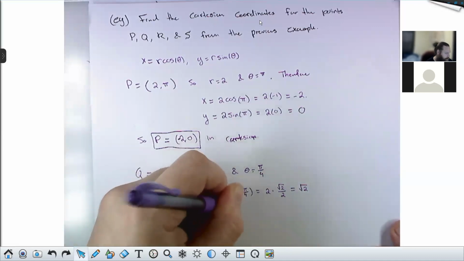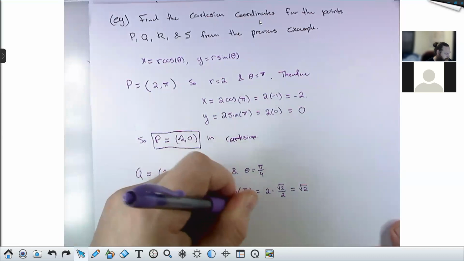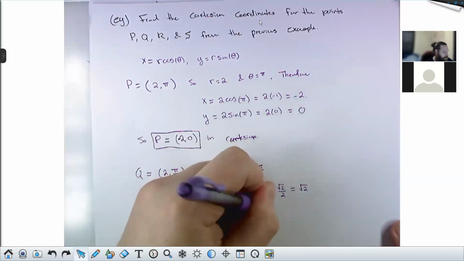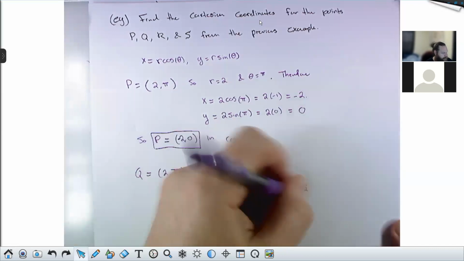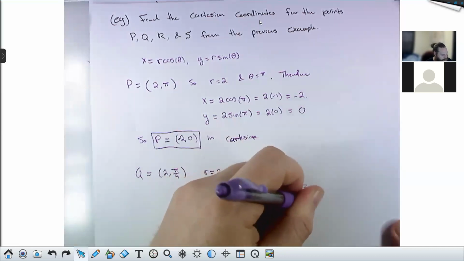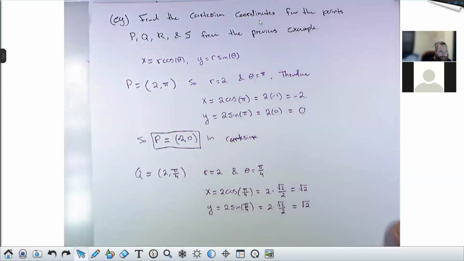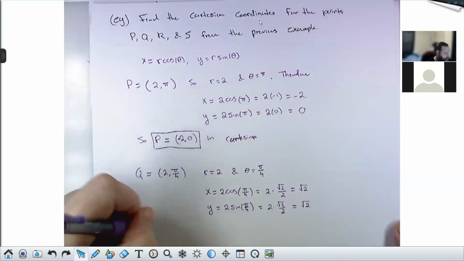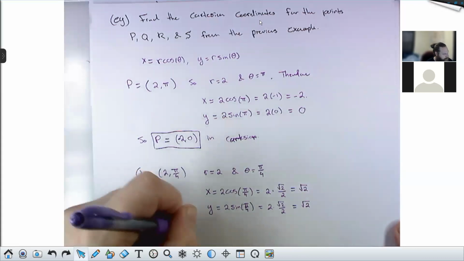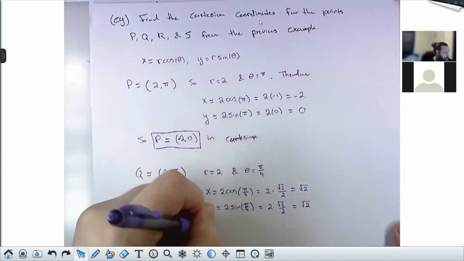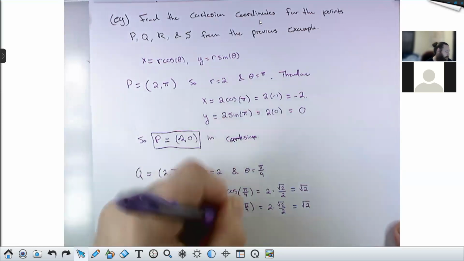That's 2 times the sine of pi over 4. Well, the sine of pi over 4 is also √2/2. So the y value here is also the square root of 2. So Q in Cartesian coordinates is the point (√2, √2).